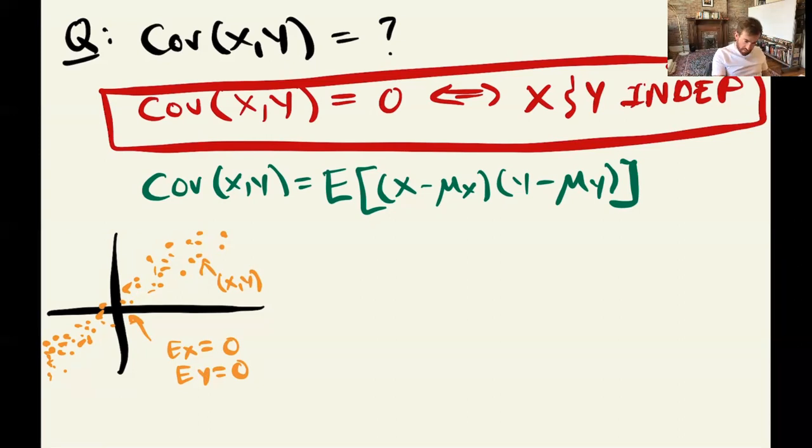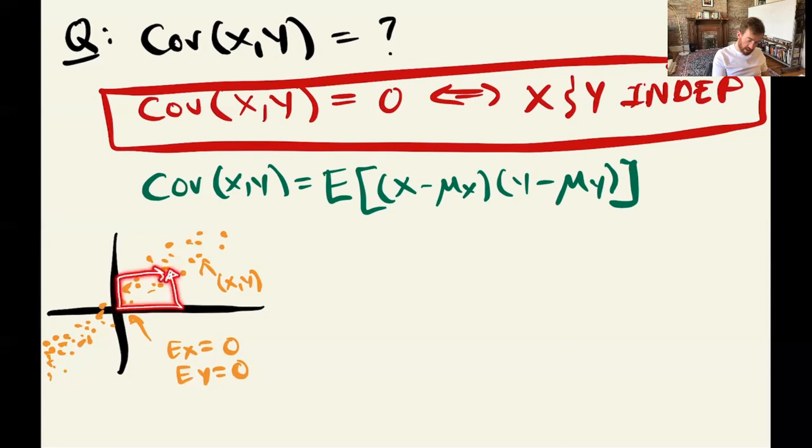Now, notice this has the property that when an x value tends to be larger than 0, the y value also tends to be larger than 0. And you can see that if I look at that point right there, it's the same thing as going up this way.